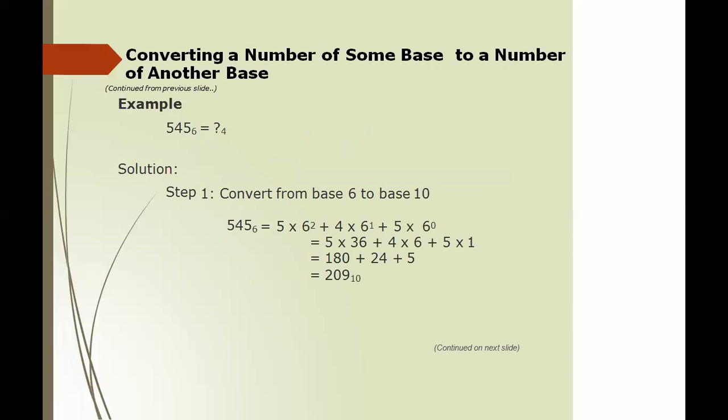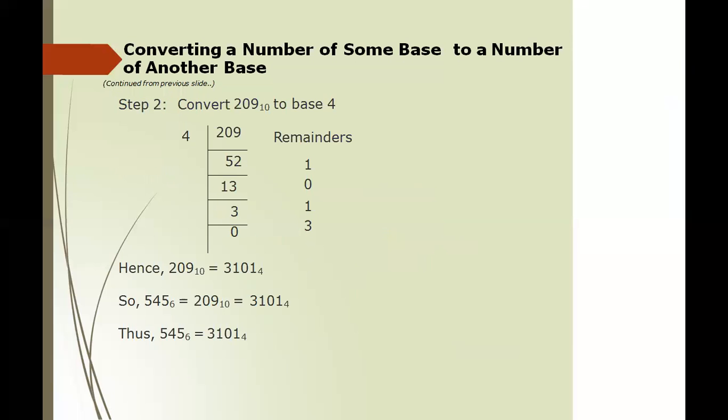And here we have considered a number that is 5, here the base is 6, and if you want to convert this number to base 4, at first you have to convert this to the decimal number system, and after that you have to convert this decimal number to that base.